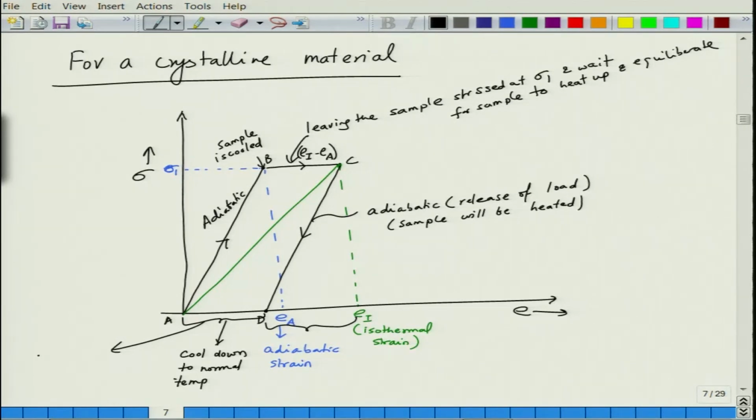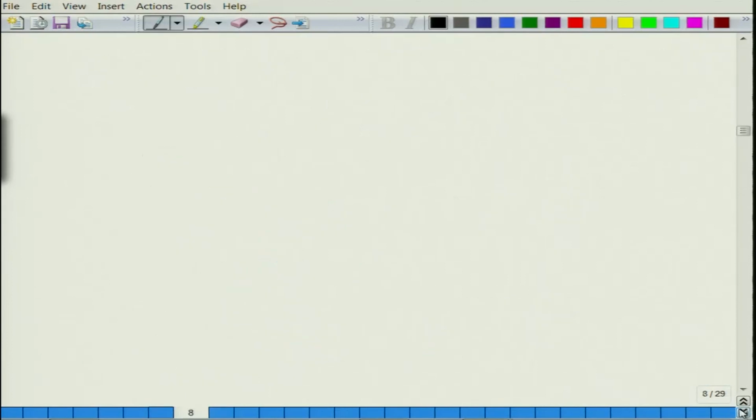So, this is what is going to happen in the hysteresis process, and you can say that these are two adiabatic processes that happen. You have adiabatic expansion during AB and adiabatic contraction during CD, and during BC and DA the sample equilibrates with the surroundings to either go to isothermal strain or to go to 0 strain. So, this is the inelastic behavior curve that we obtain.